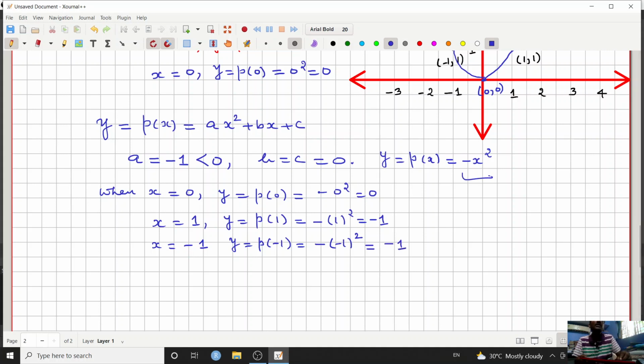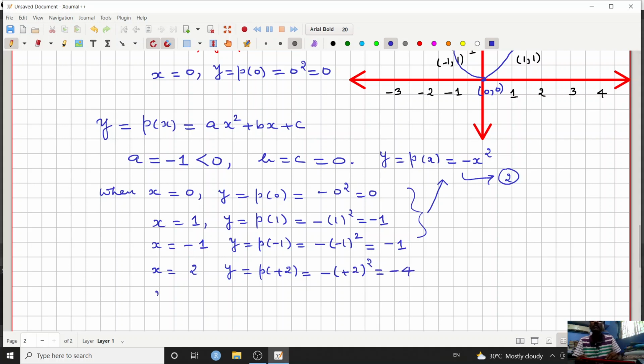So from this equation we get all the points. Likewise, when x is equal to 2, y will be p of 2. Putting x equal to 2, this is minus 2 whole square, so I will get minus 4.